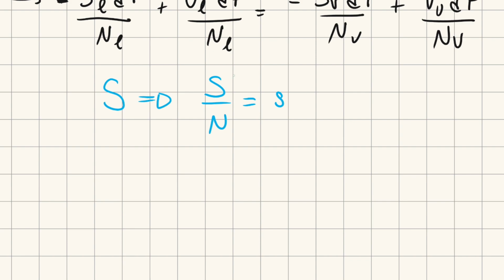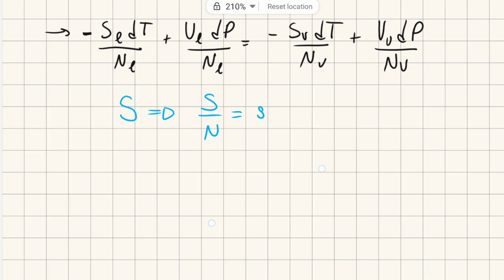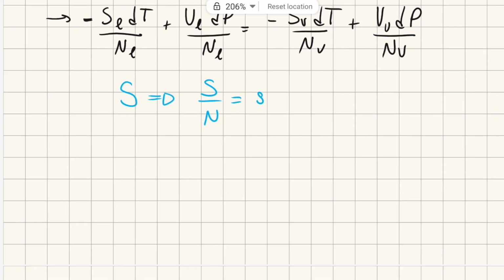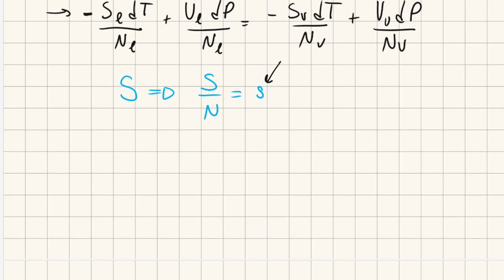It's just another way to see things to make it easier. So if we switch these quantities to little variables, we can say that minus s dT plus little v dP, because we do the same thing with the volume.